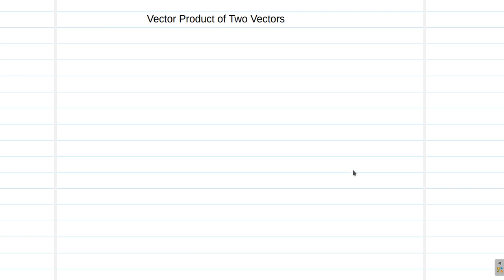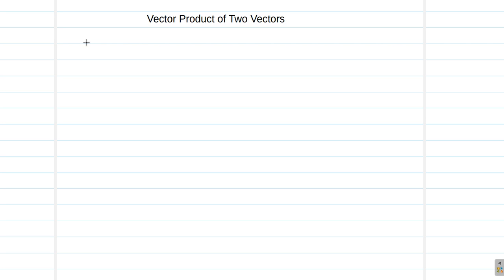We want to look at the vector product of two vectors. We looked at the scalar product in a previous video. Now, the vector product.